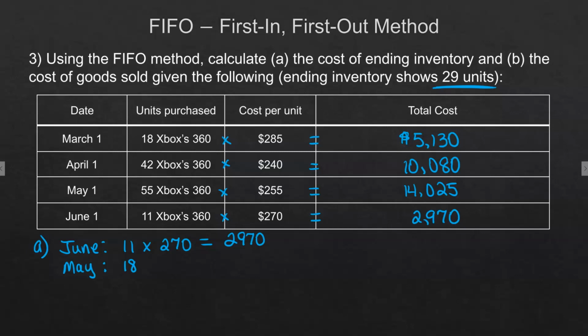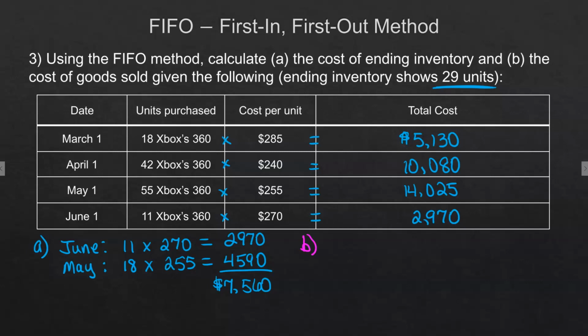So from the May category, there's only 18 of those left. So I'm going to take 18 times 255, and that would be 4590. So my ending inventory is 7,560.